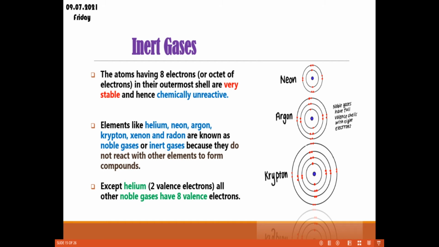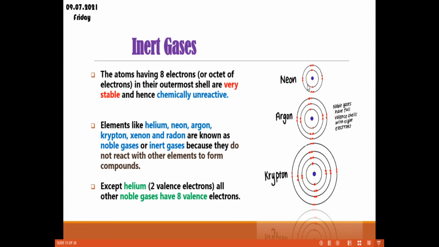Now, inert gases. What are inert gases? The atoms having 8 electrons, an octet of electrons, in their outermost shell are very stable and hence chemically unreactive.